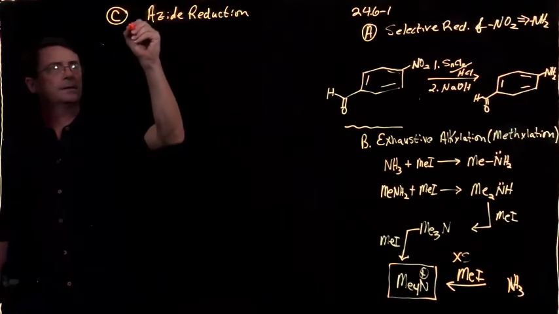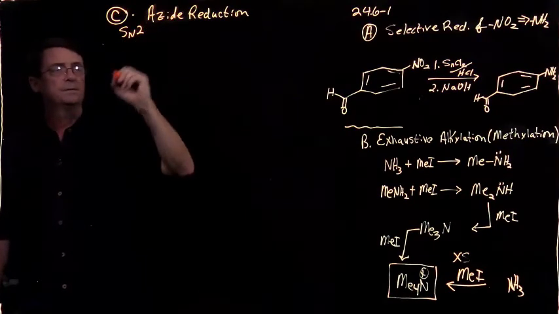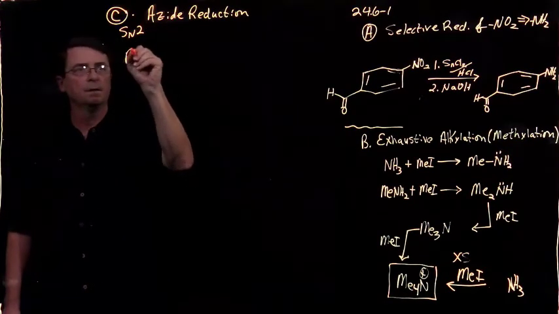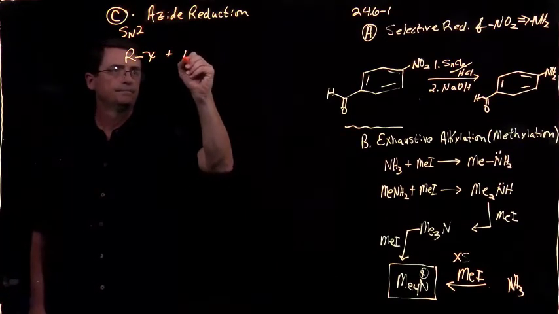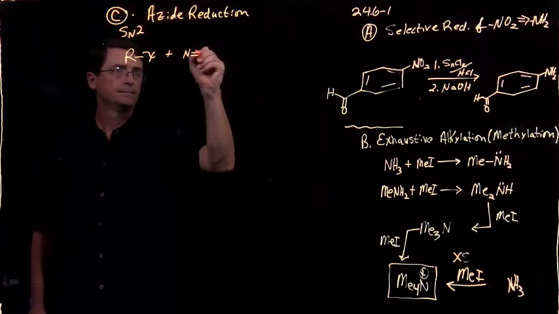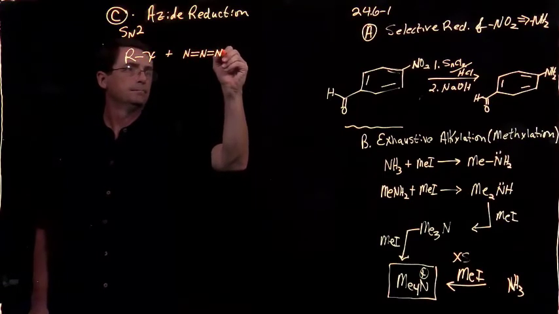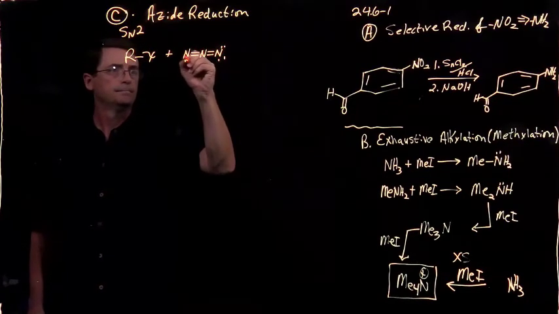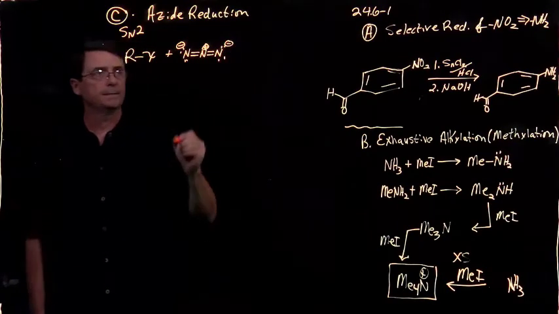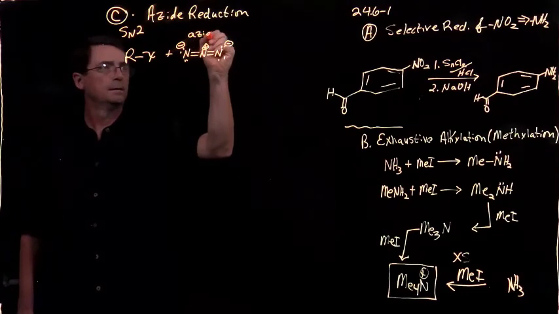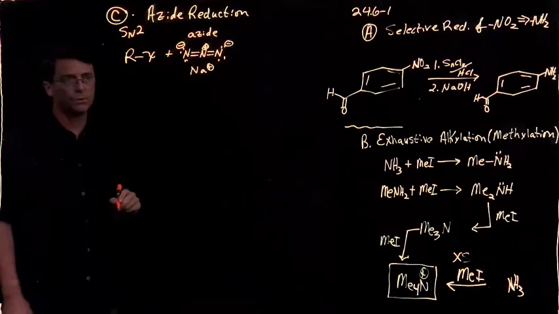So if we have alkyl halides, and this is subject to all the standard SN2 limitations, because this is an SN2 reaction, we can take an alkyl halide plus azide. Okay, so this is azide. Typically we use it as a sodium azide solution.